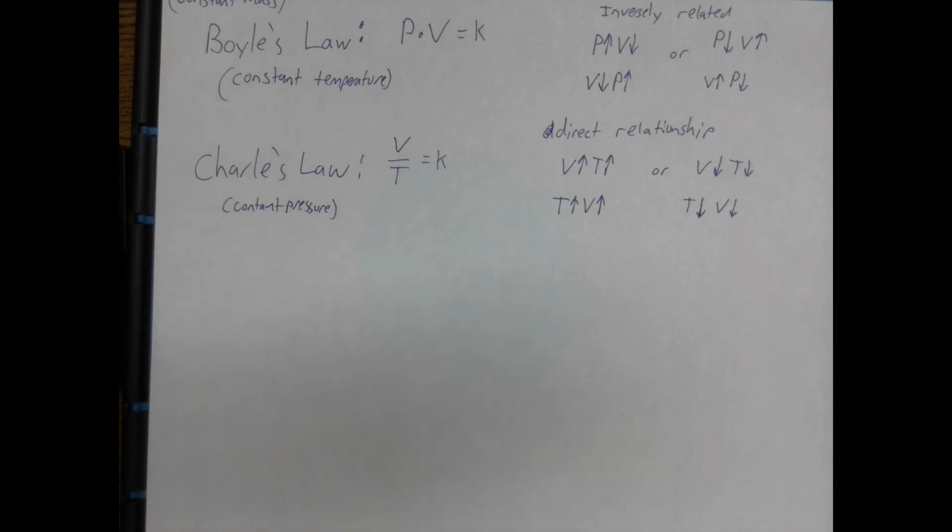If there's an unbalanced pressure, then it has to equalize. So it will shrink because the atmosphere is pushing it closed. And so as the temperature falls down, the volume of the container has to shrink to match up with it.